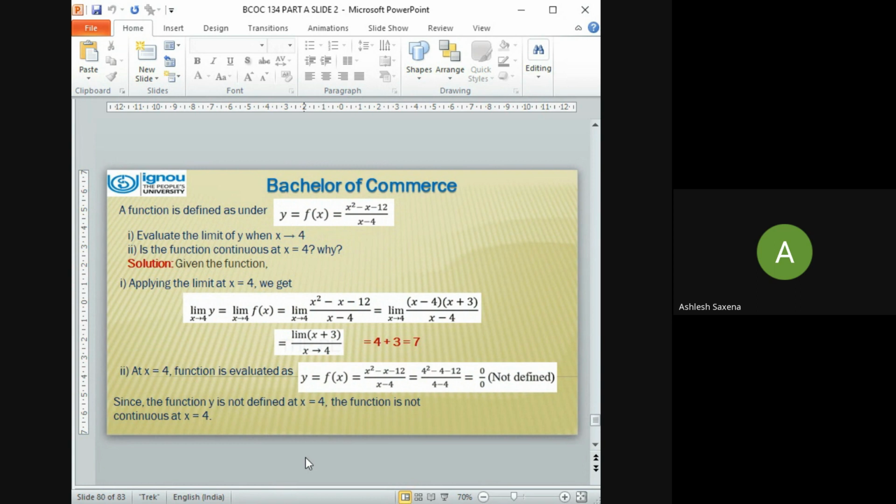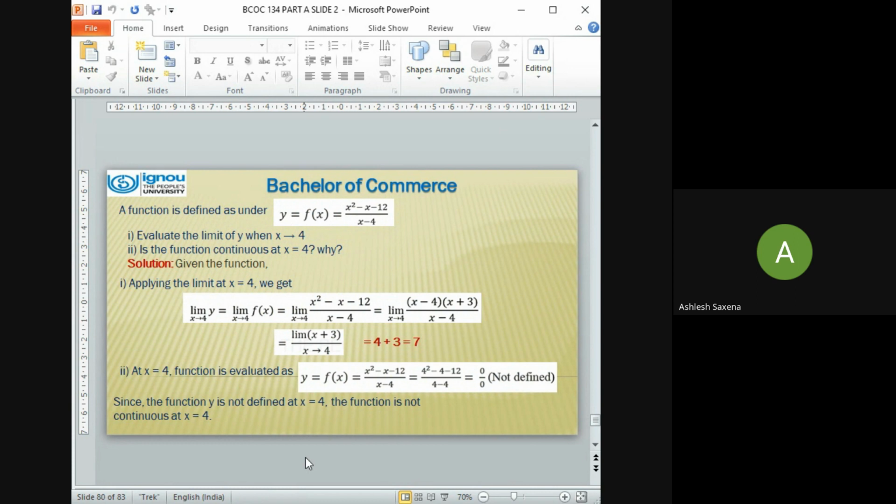When you apply the limit, you get 0 by 0, because in the denominator you have 4 minus 4, that is 0, and in the numerator 16 minus 16, again 0. It is in the form of 0 by 0.